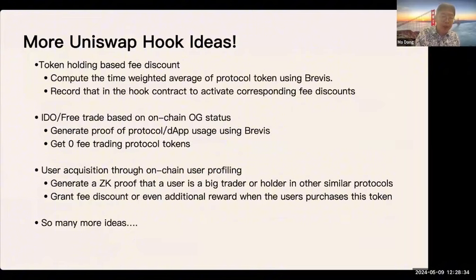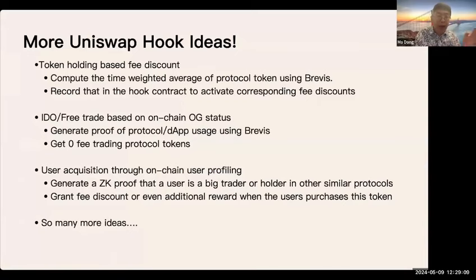So one way to do that is to generate a proof showing that a user is a legitimate holder of the protocol token, the legitimate user of the protocol that you care about, using ZK proof generated by Brevis. And that ZK proof result will be recorded in the hook contract and activate the corresponding fee discount when the user tries to trade or acquire or sell the protocol token, because they are actual active users of the protocol. So they should benefit from that.